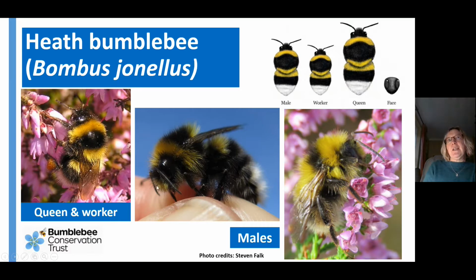This one just has a tiny little patch on the face, but you can see it's variable. And this one is almost completely yellow with a white tail. So male Bombus jonellus, the heath bumblebee, you are looking for more yellow than the females have. So there's a little bit of difference between the males and females, and primarily seen on heather.